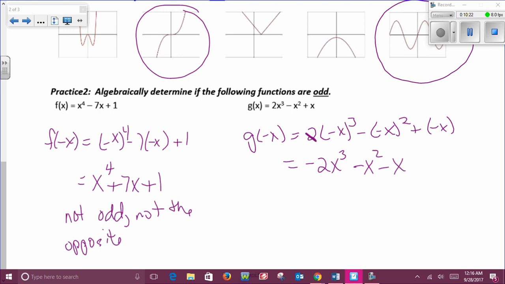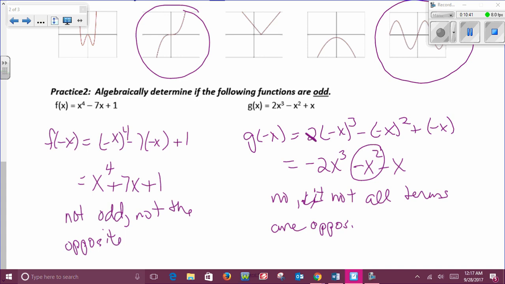It's almost the complete opposite, but that one there is not the opposite, so no, not all terms are opposite signs. Therefore, not odd.